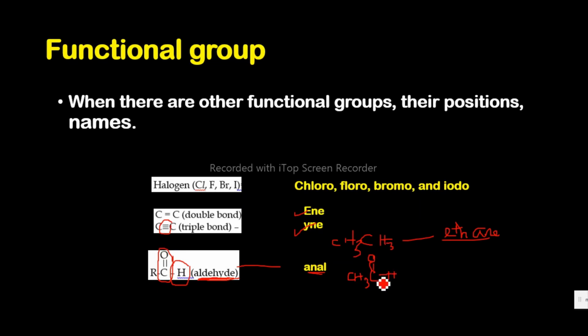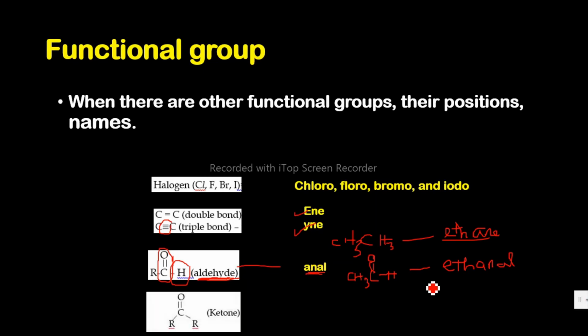Are you seeing this? I've replaced the 2 hydrogens with oxygen to form this. Then this one becomes ethanal. I write the word eth and then I add anal. So depending on the functional group that you have, it will determine the name.